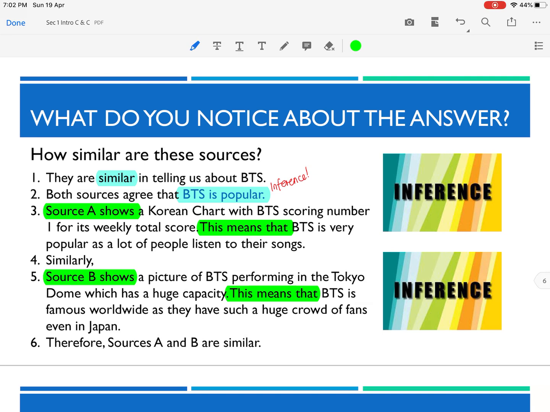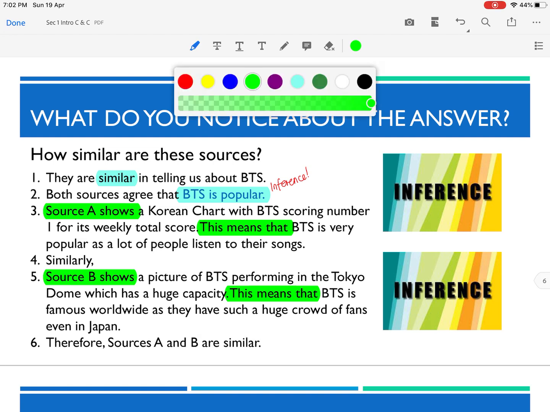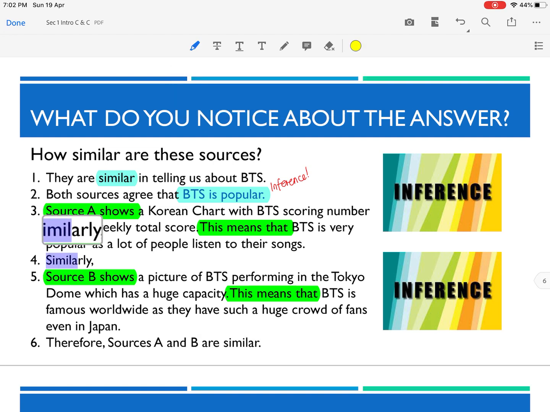Okay, and lastly, therefore sources A and B are similar. Okay, another key thing that you need to take note is you need to use a connecting word, which in this case is similarly. So if I want to compare and contrast something, just take note that now you have to give your evidence from both sources, not just one source.